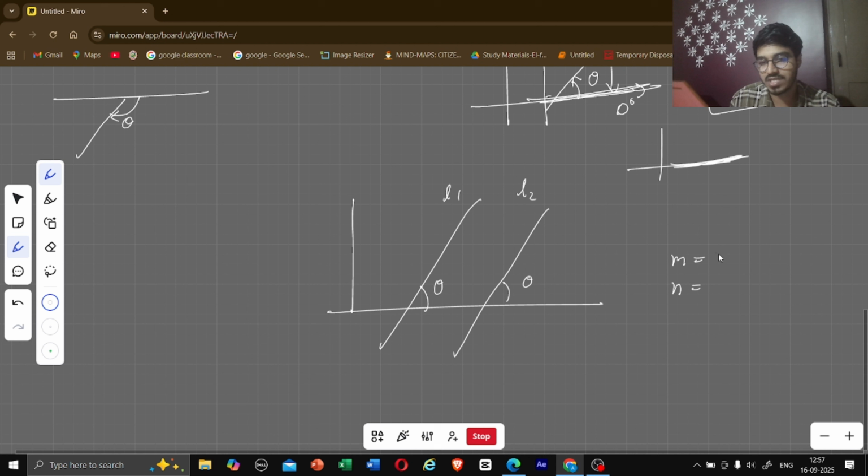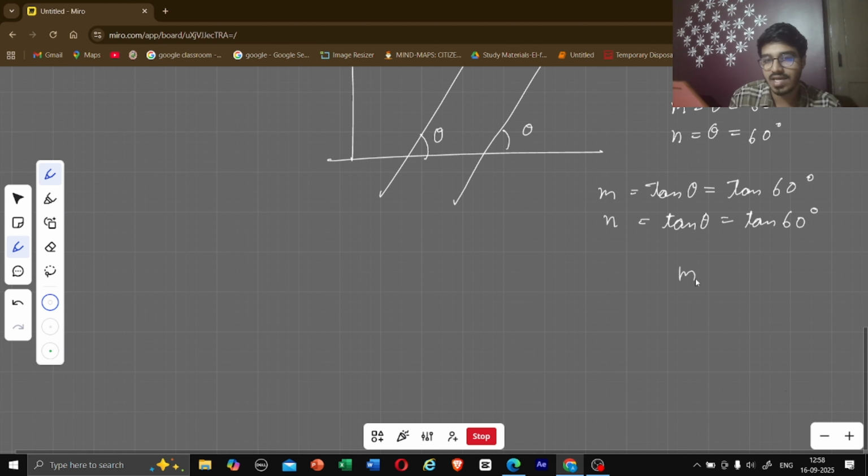If both measure the same theta, for example 60 degrees, then the slope of line L1 is tan theta, that is tan 60, and n is equal to tan theta, that is tan 60.